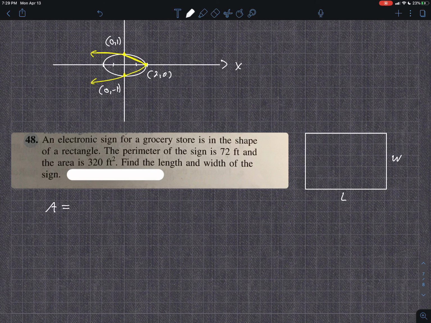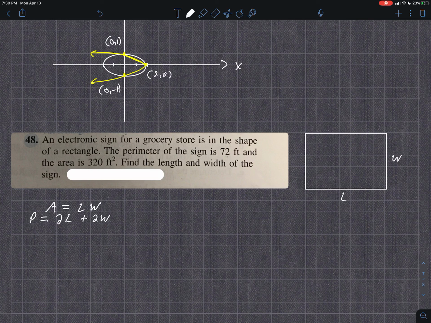We know that the area of a rectangle is what? You do length times width. We also know the perimeter of a rectangle, P, all the way around it, is 2L plus 2W. Oops, I did that backwards.